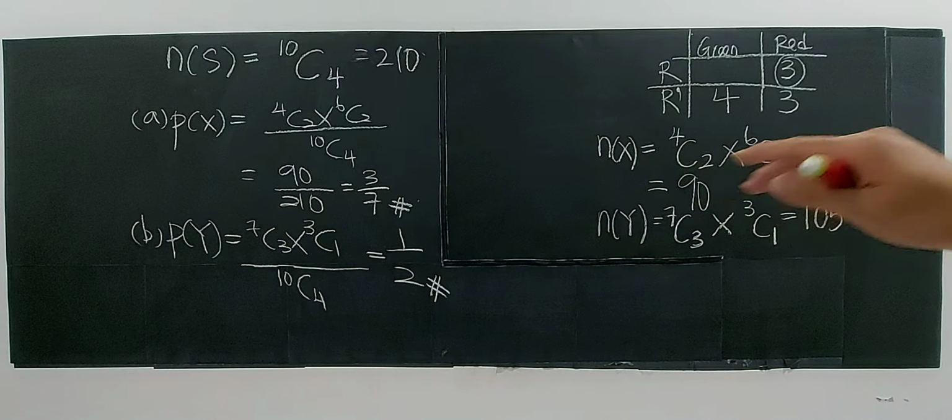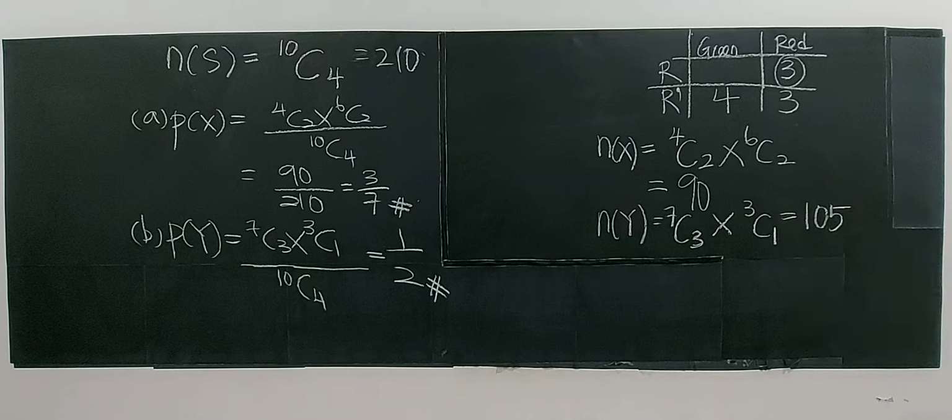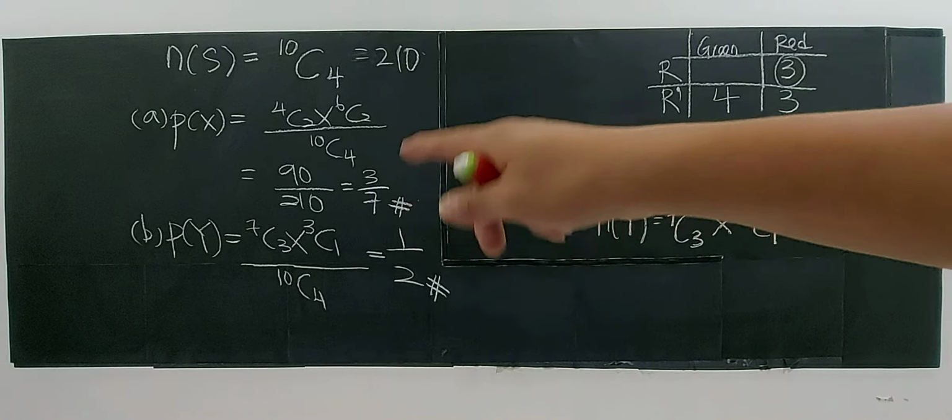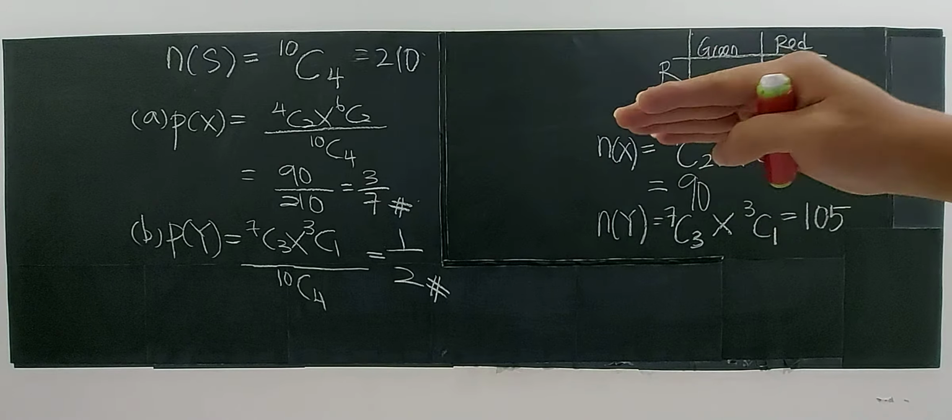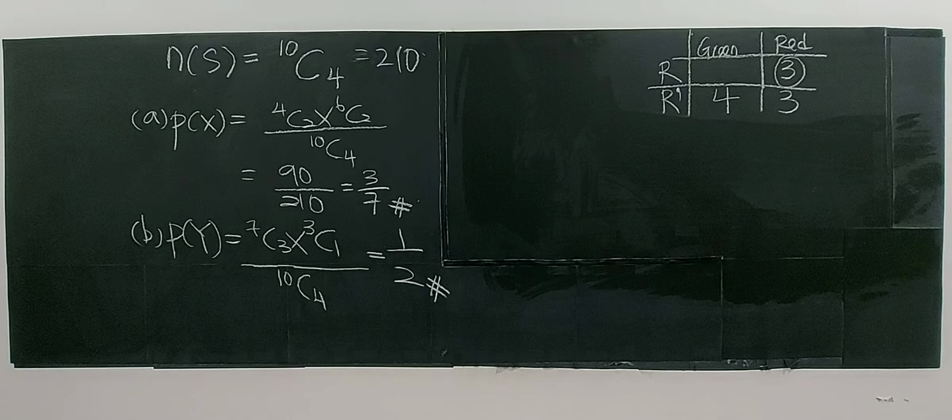This is the probability that among the 4 apples chosen, 1 is rotten. So you know that the answer will be 1/2. Hope you understand the meaning of event X and event Y.